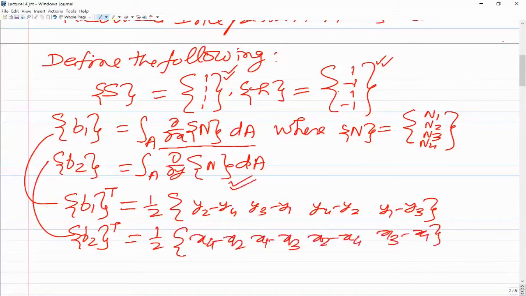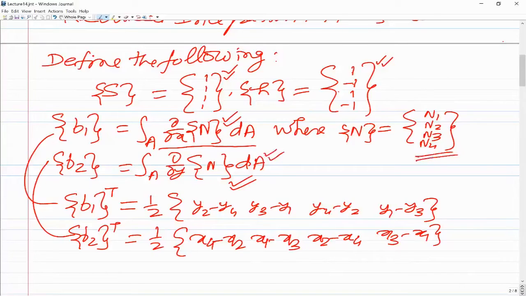b1 and b2 are defined here. b1 is the integration of del N by del x over the area of the element, and b2 is the integration of del N by del y over the area of the element, where N is the vector of shape functions N1, N2, N3, N4.